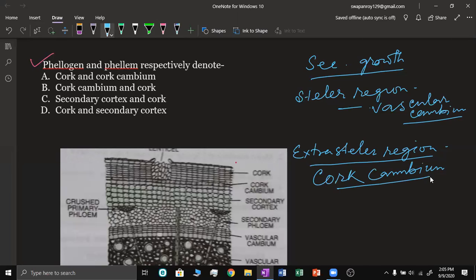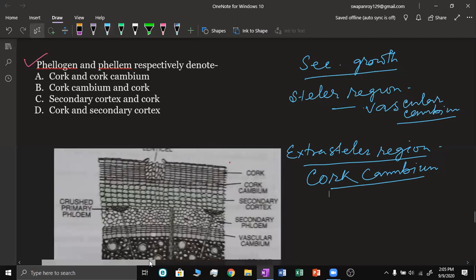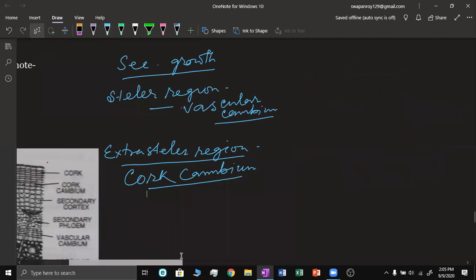And this cork cambium produces two things.